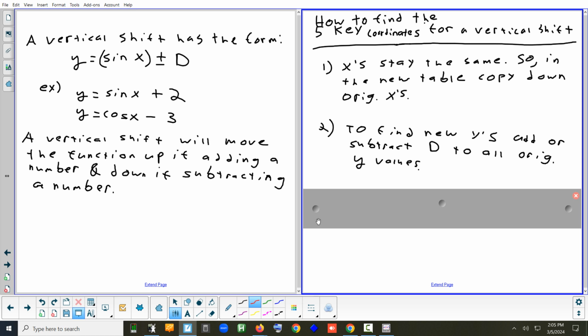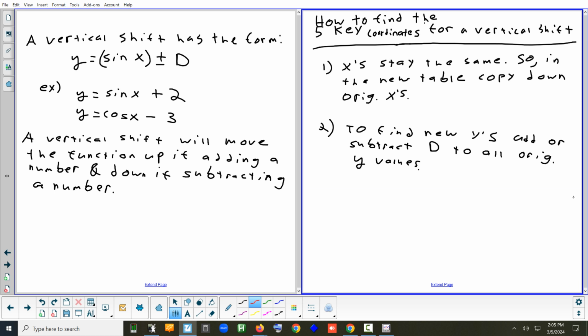So you do the same thing, except don't multiply, add or subtract. And don't do the opposite. I know when I taught you phase shift, I said if you see plus pi, do the opposite. With vertical shift, you never do the opposite. So you've got to remember that. If you do the opposite, you're going to get the y values wrong.